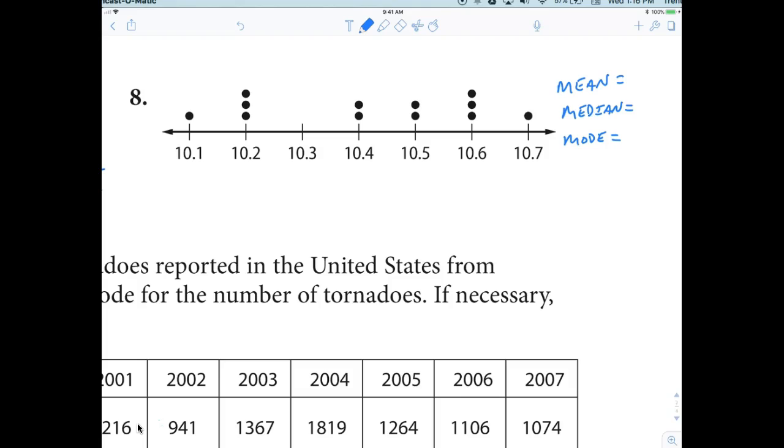All right, guys. Mean. Kind of annoying. That's why you use your calculator. Let the calculator do the work. You already do the mean? Use the numbers right there on the board.